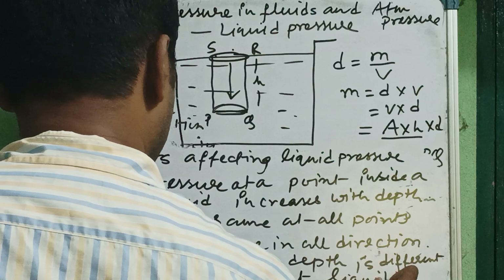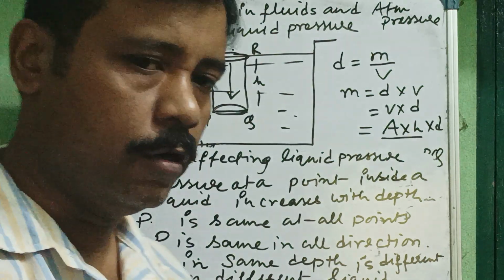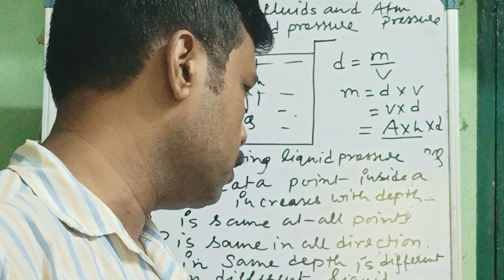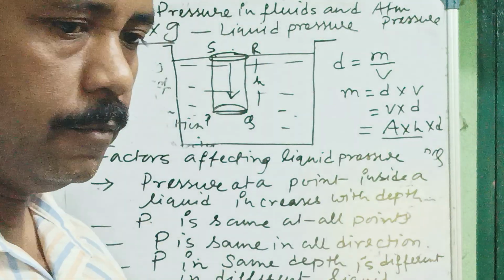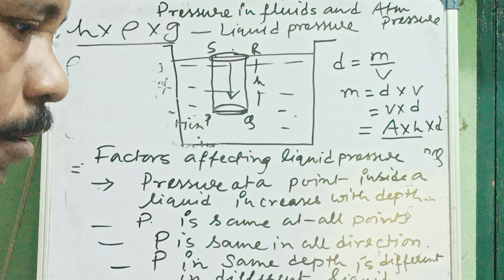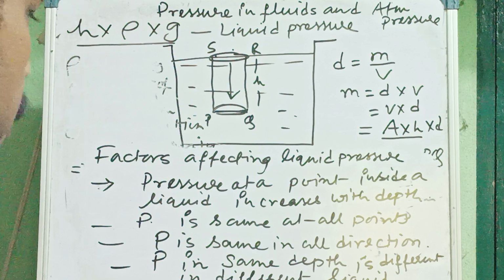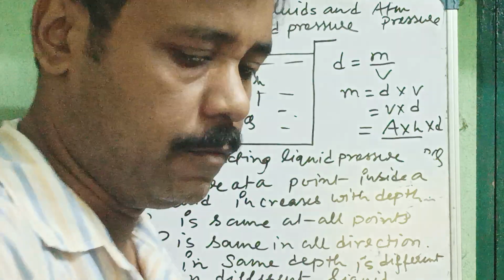Suppose the liquid pressure of water and the liquid pressure of alcohol: the liquid pressure of water is greater than alcohol. Or take the example of oil and water: the one with the maximum density has the maximum liquid pressure.